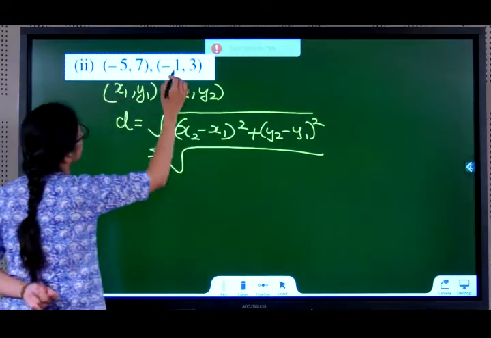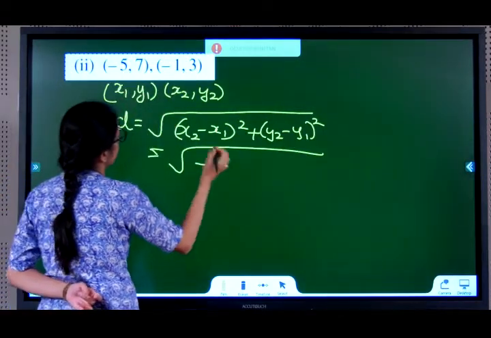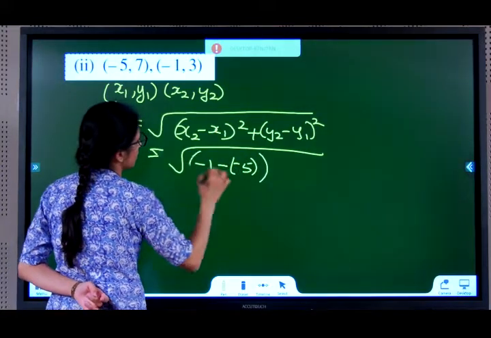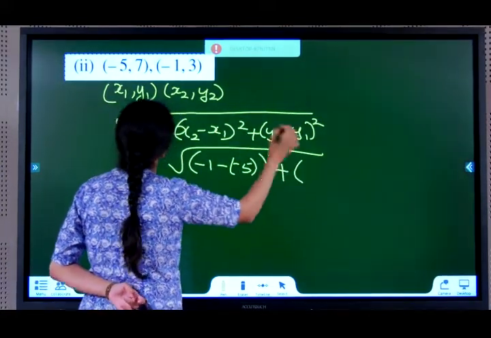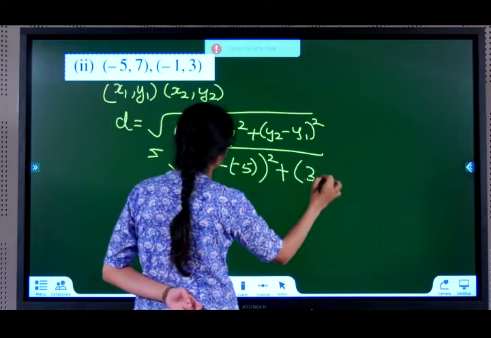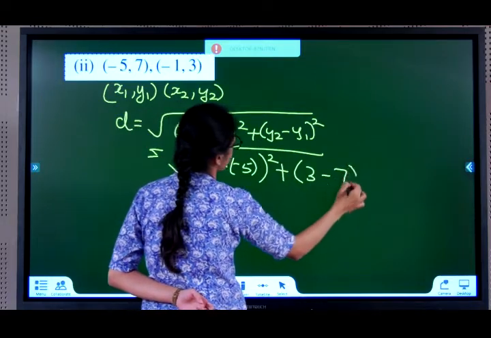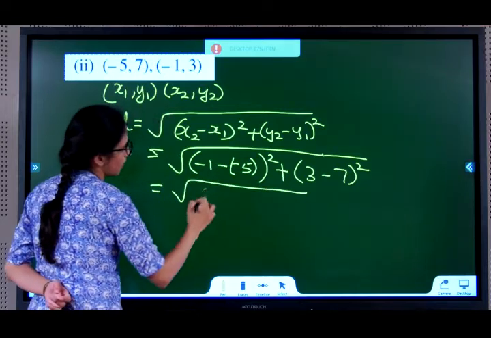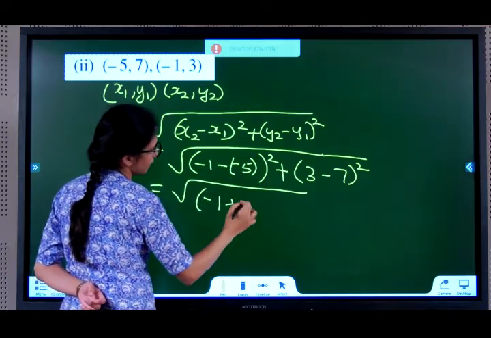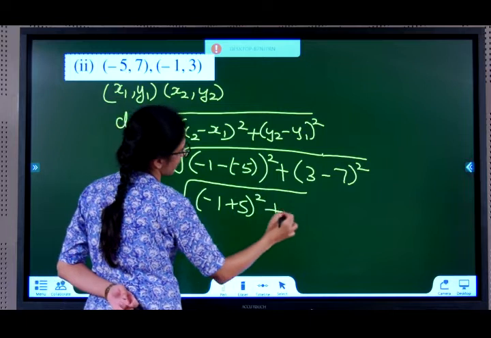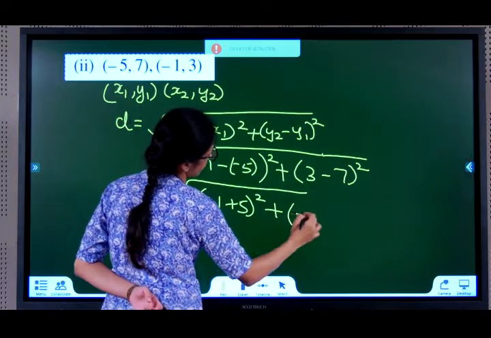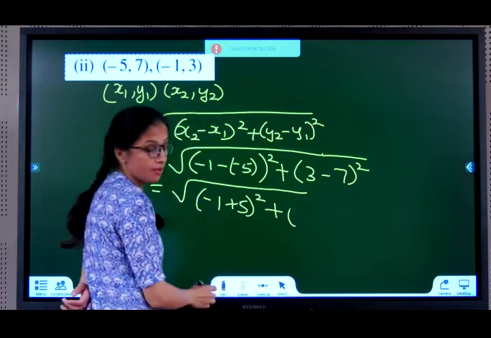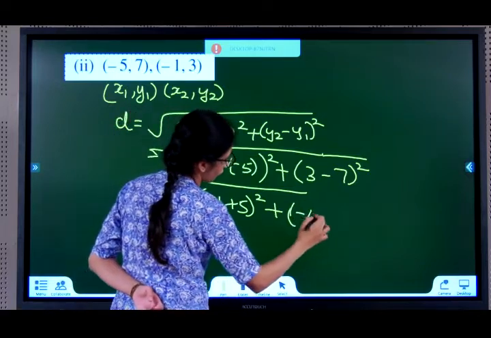Root of (minus 1 minus 5) the whole square plus (3 minus 7) the whole square. 3 minus 7 is minus 4.